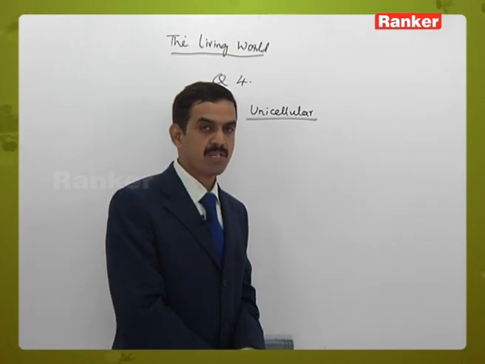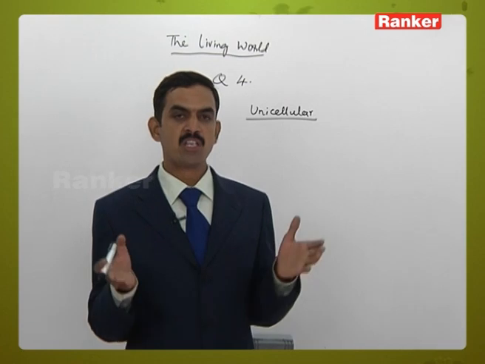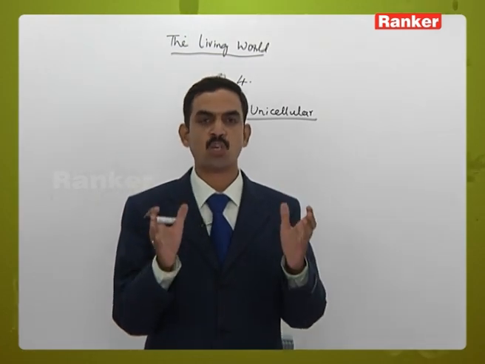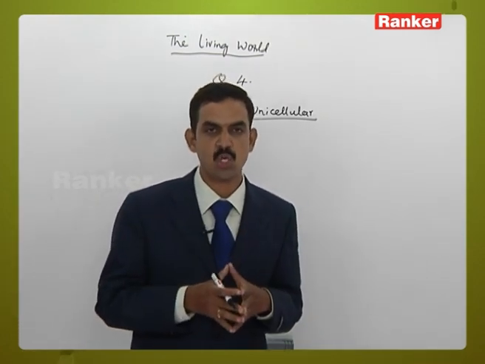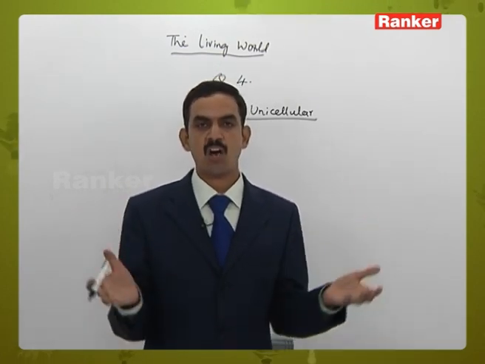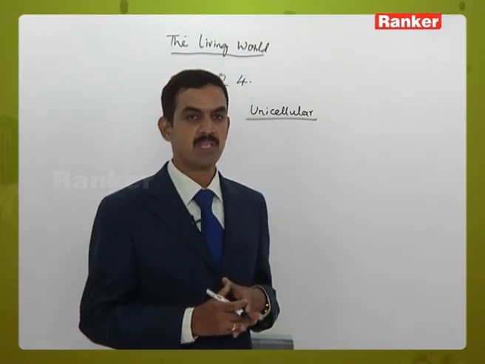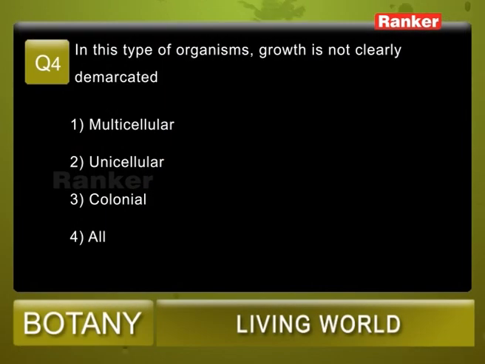Now when it is coming to colonial forms, colonial forms means a group of unicellular organisms present in a colony-like organization. So when new cells are added, the size of that organization is increasing. That is, a clear demarcation of growth can be seen. So from the given options we can say unicellular organisms do not show clear demarcation of growth. So question number 4, the correct answer is 2.